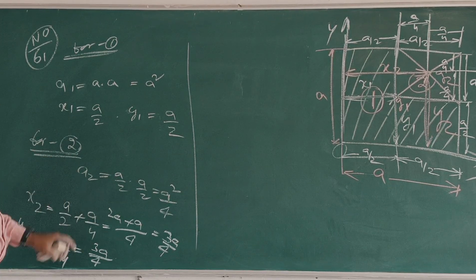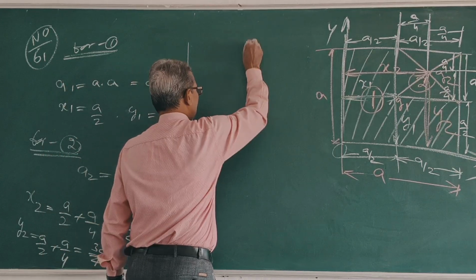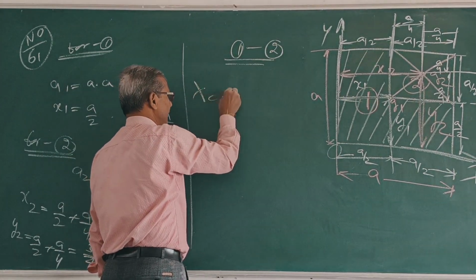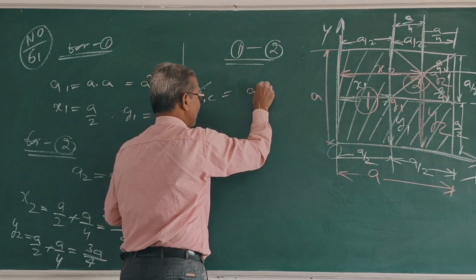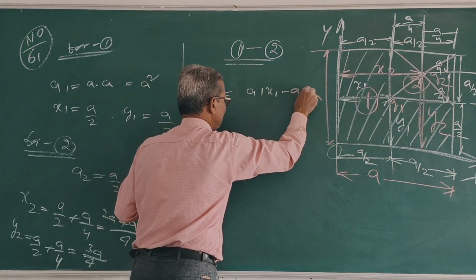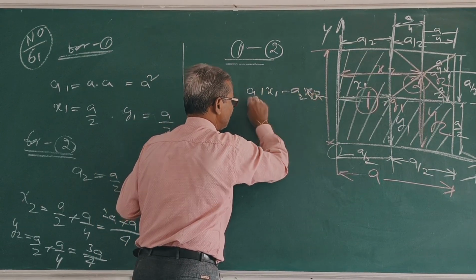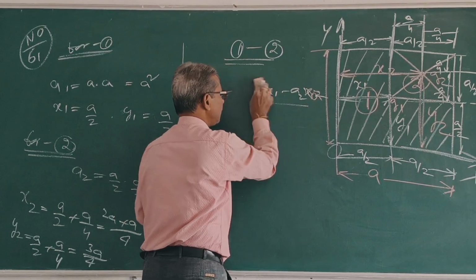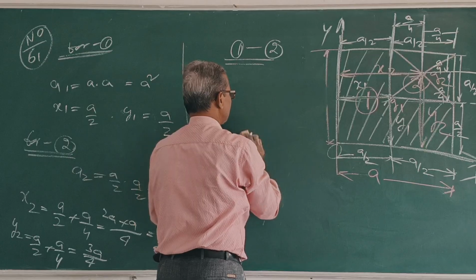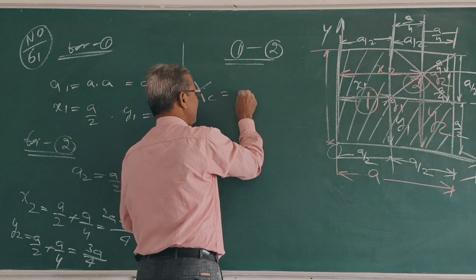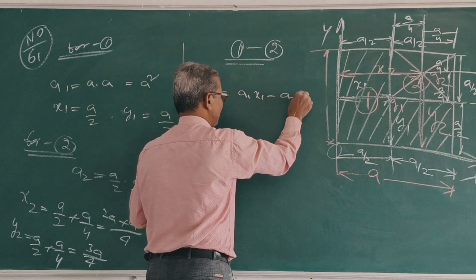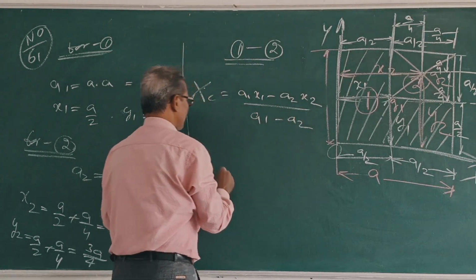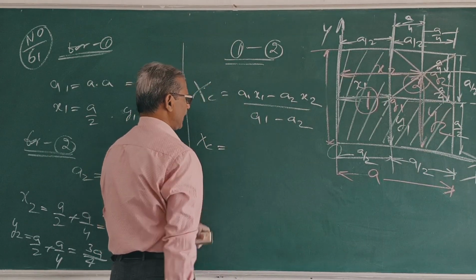Clear? Now the answer is 1 minus 2. What is xc? xc is equal to (A1 x1 minus A2 x2) by (A1 minus A2).